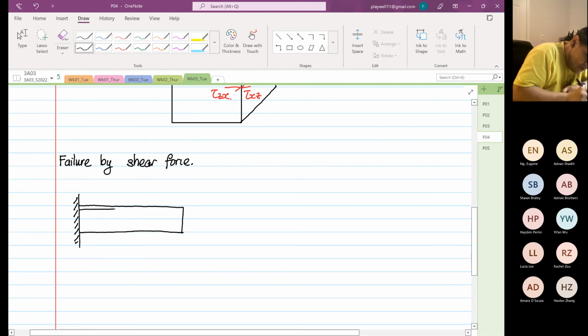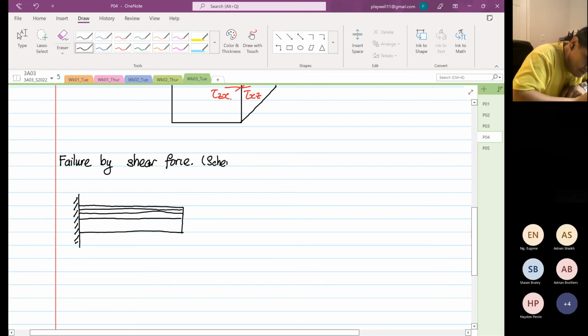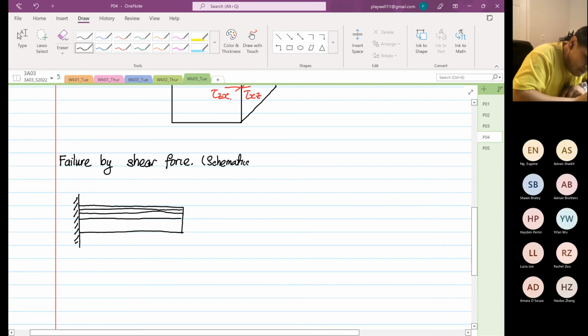So 1, 2. Yeah. This is just a schematic. Okay, so let me draw them properly.